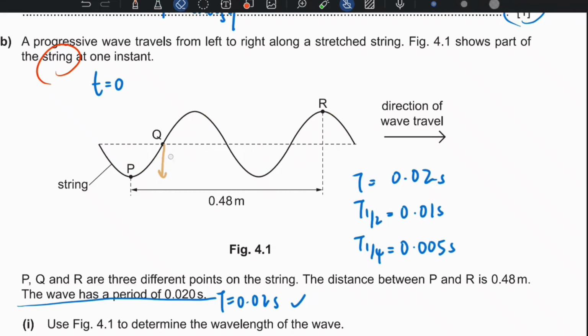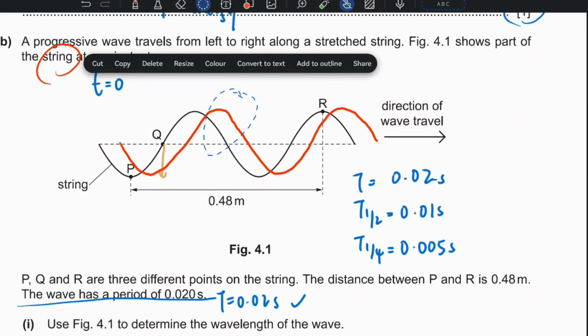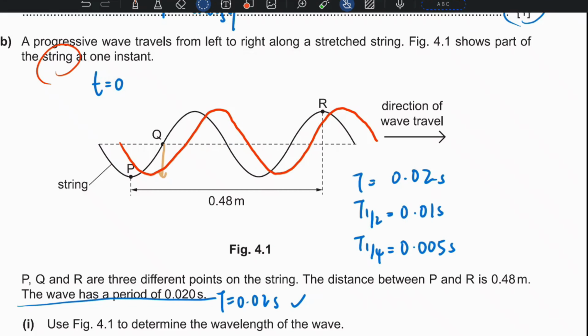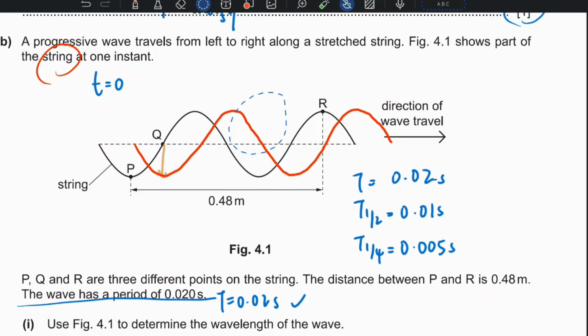Then probably after 0.005 seconds, which is after a quarter cycle, point Q is at the lowest point already, which is here. So at time t equals 0.005 seconds, Q has a maximum downward displacement. It has moved a quarter cycle.